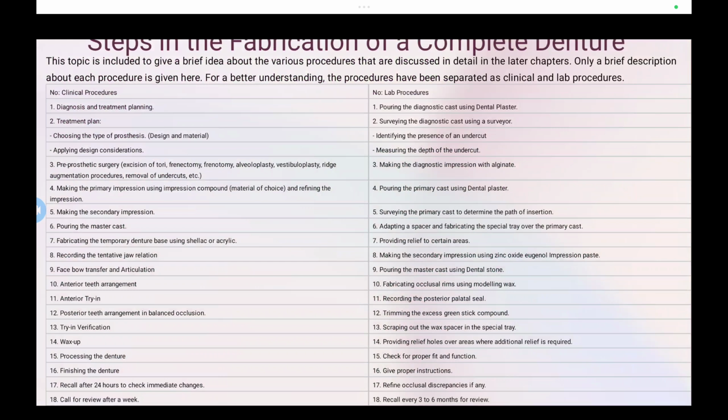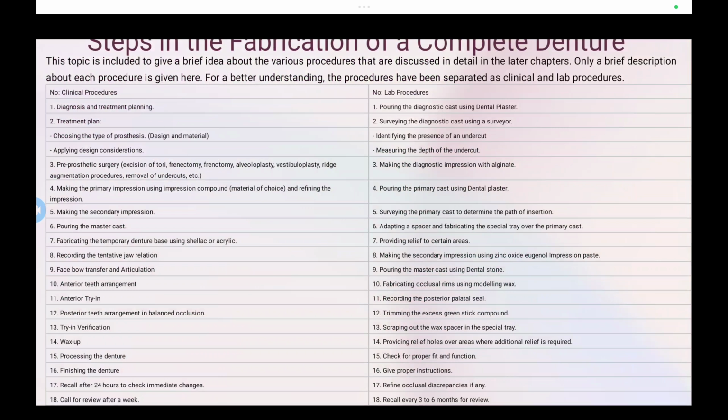Diagnosis and treatment planning involves the checkup of the patient, examining the oral cavity, and the past medical and dental history of the patient. Then next is the treatment plan.